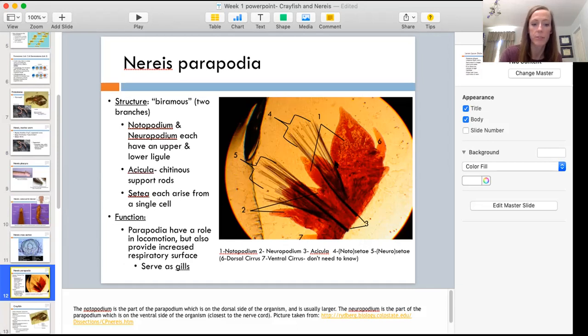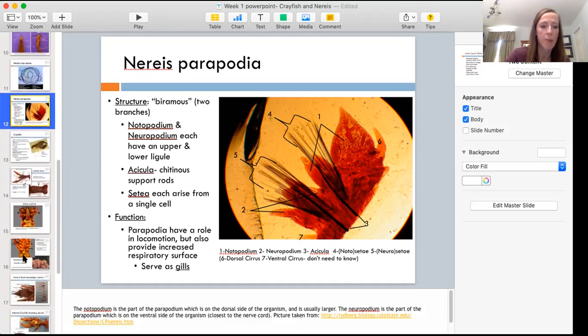They each arise from a single cell and form these branches that help the organism move and sense its environment. So the main structures you have to know for the parapodia are the notopodium and neuropodium, the aciculae, and the setae. I just tell you that there are two parts to it so you don't confuse the bottom part of the notopodium as the neuropodium. So that was all part of the notopodium.